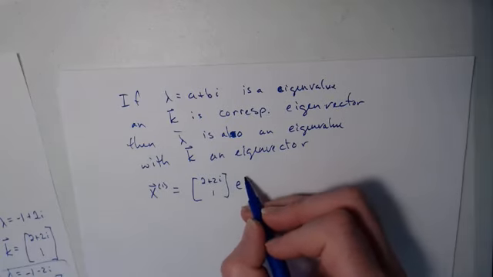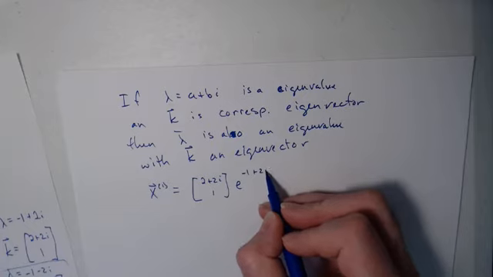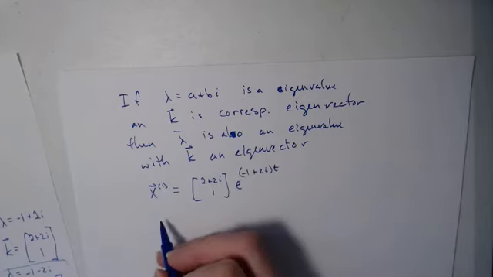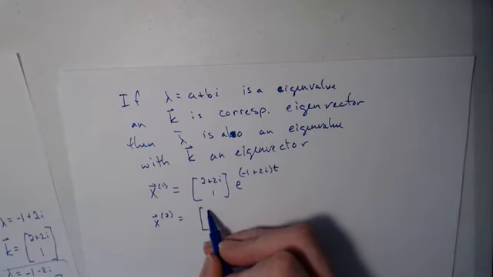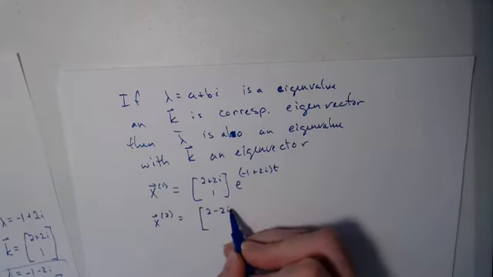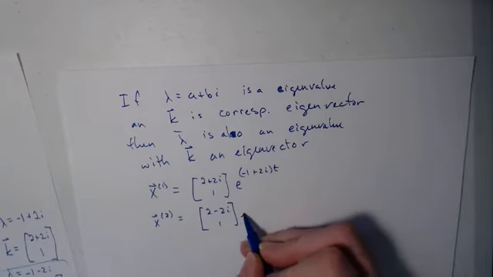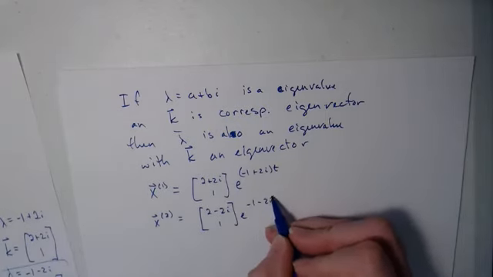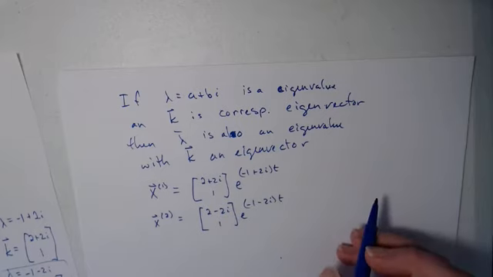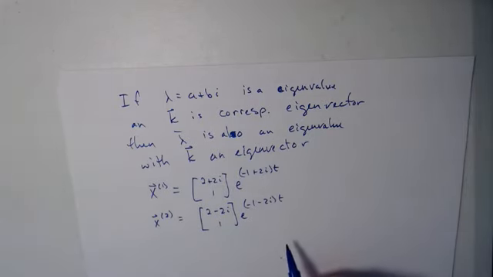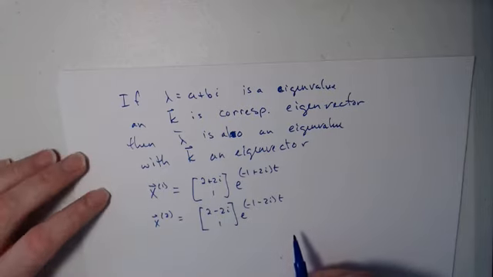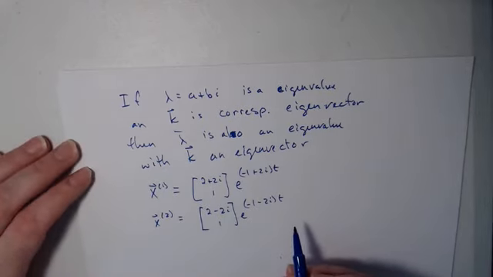That's always the thing. So lambda in this case is negative 1 plus 2i times t. And x2, the k for x2 would be (2 minus 2i, 1), and the lambda with that is negative 1 minus 2i times t. So those are both solutions, but they're complex, and we would rather have some real-valued solutions. So there's a couple of things that we can do with this.